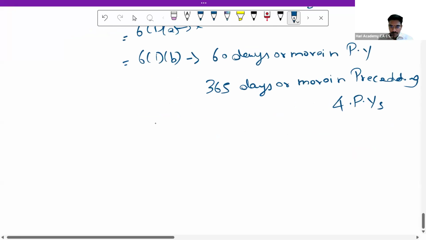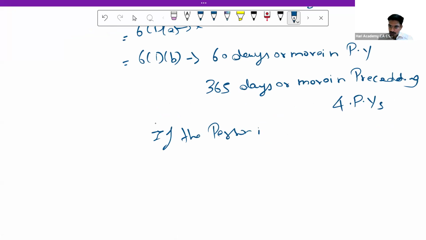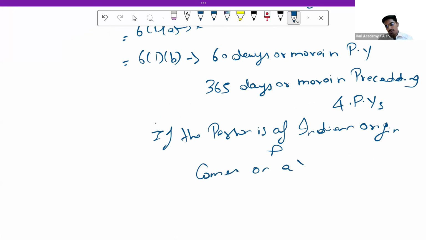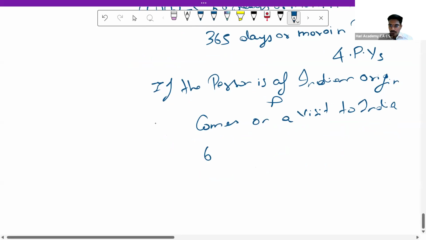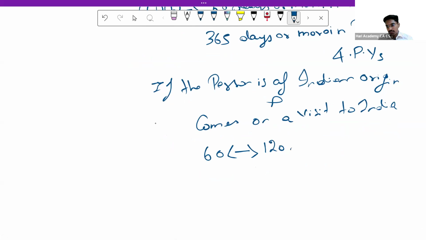However, if the person is of Indian origin and comes on a visit to India, this 60 has to be substituted with 120 days.